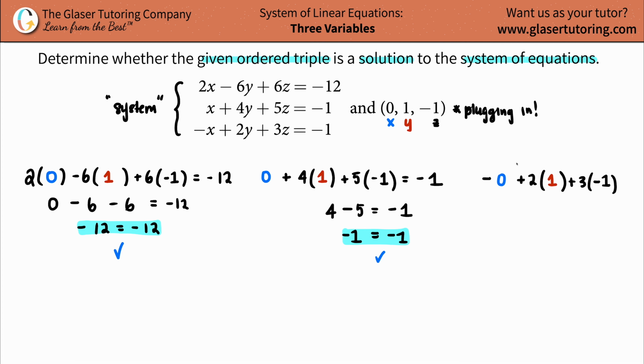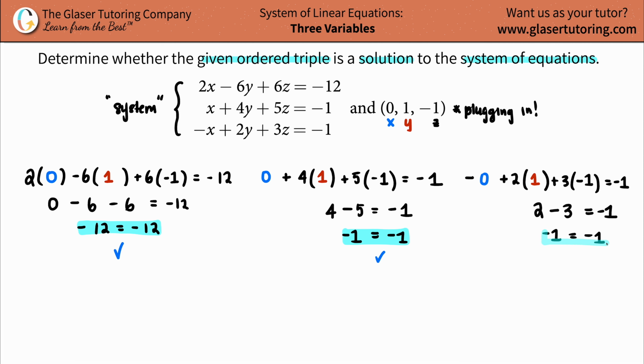And this should all equal negative 1. So negative 0 is just 0, right? 0 is neither negative nor positive, so it's just 0. 2 times 1 is 2. 3 times a negative 1 is a negative 3, so 2 minus 3 equals negative 1. Does this make sense? Yes, it does. Negative 1 equals negative 1.